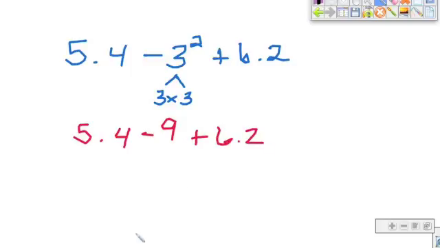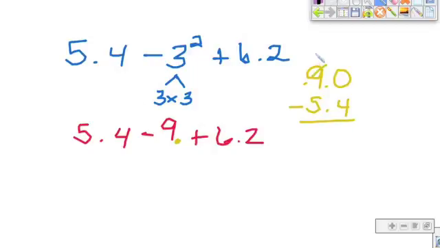Okay, so going from left to right, I'm going to subtract first. Well, this one doesn't have a decimal, but I can put one here at the back. So now I have 5.4 minus 9.0. Well, obviously the answer is going to be negative, but I'm going to go ahead and put the 9 on top just to make my subtraction a little easier to do, but knowing that my answer is going to be negative because 9 is larger than 5.4.